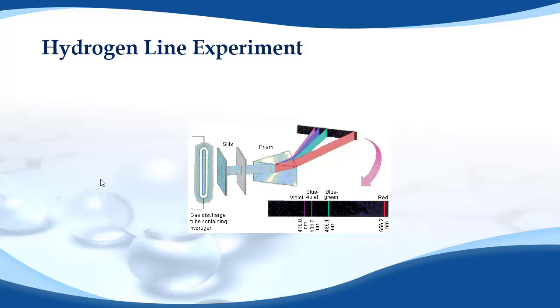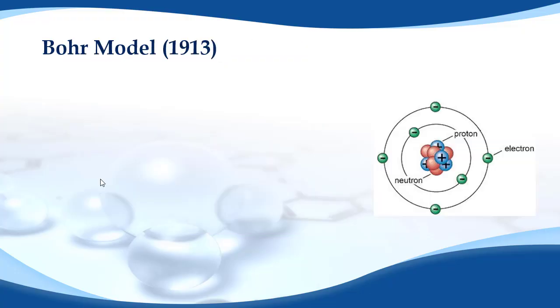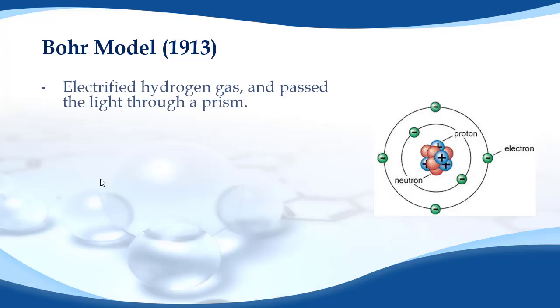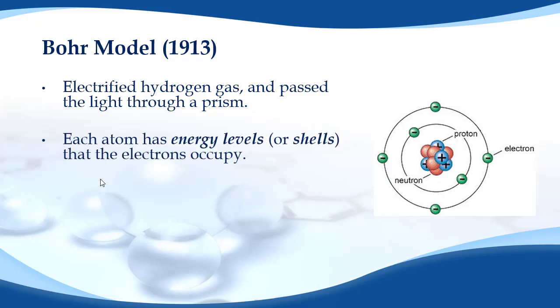All right, so this is the experiment that led to the Bohr model of the atom. This is the one you're familiar with from last year. The way that this works is that we took Rutherford's nuclear model, where you have the nucleus in the center, and instead of each electron having its own orbit around the nucleus, like individual planets around the sun, electrons can only exist at certain amounts of energy, what we call energy levels or energy shells.